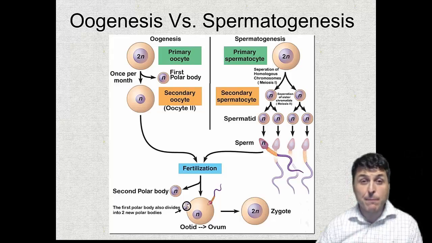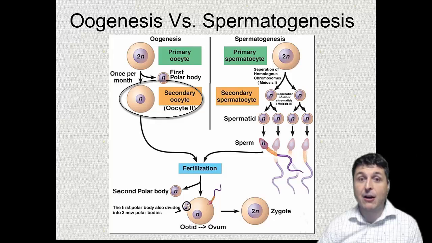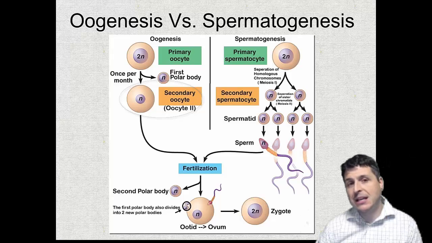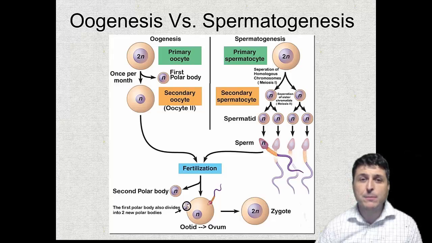The cell that gets the bulk of the cytoplasm is going to become our secondary oocyte, and is going to be our egg that will eventually be used in fertilization. Whereas the other cell that has less of the cytoplasm is going to become what we call a polar body, and that will be discarded by the female.